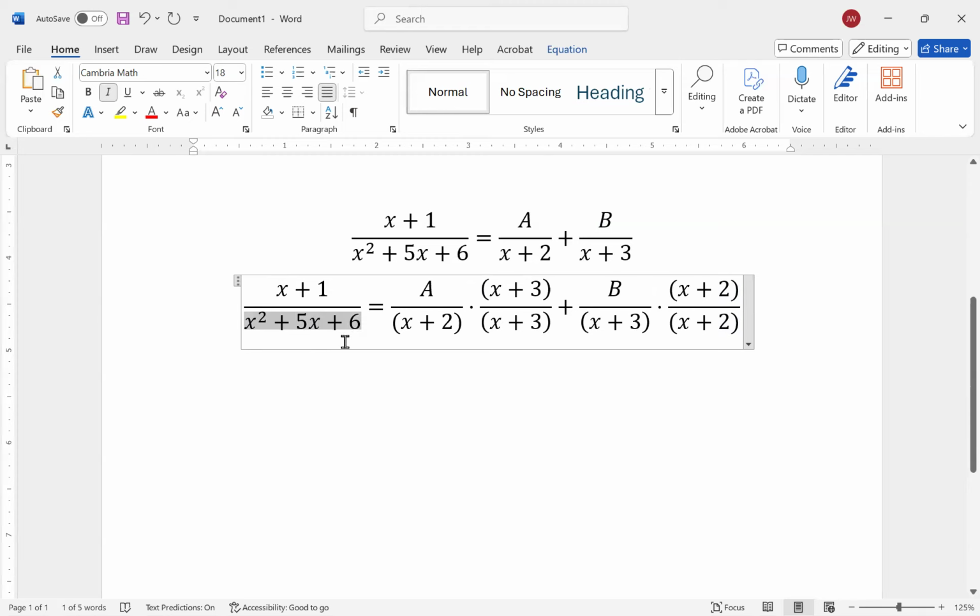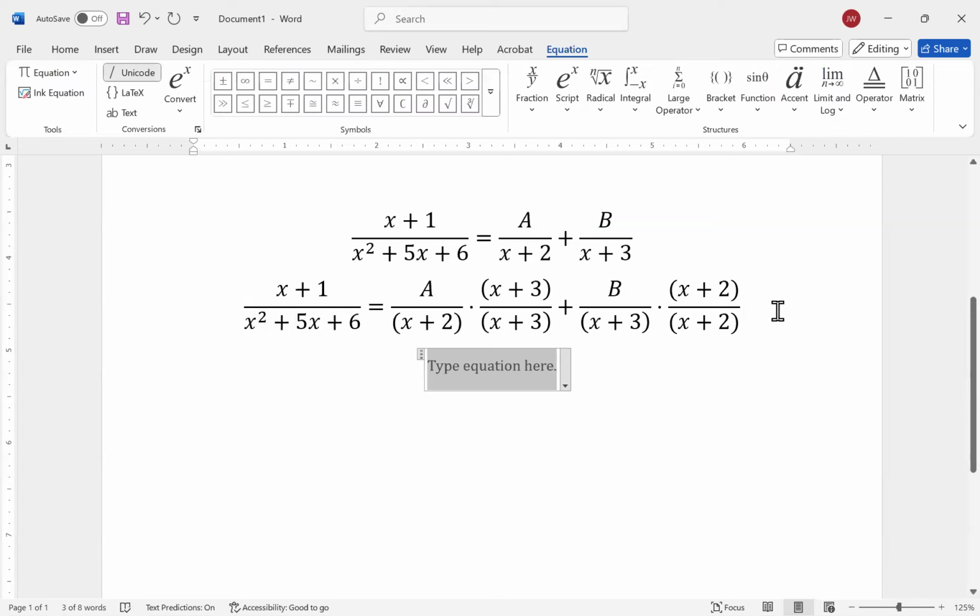x squared plus 5x plus 6 is equal to x plus 2 times x plus 3, which is equal to x plus 3 times x plus 2. So that means my numerators have to be equal.